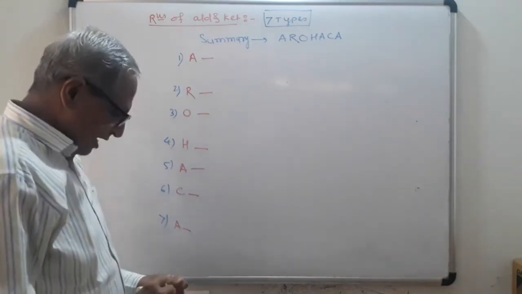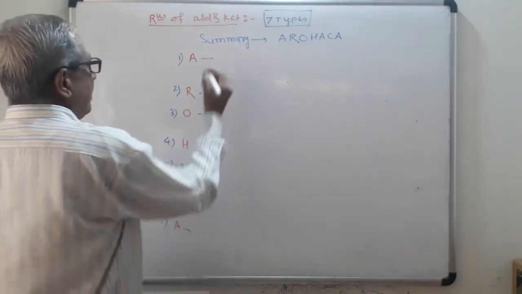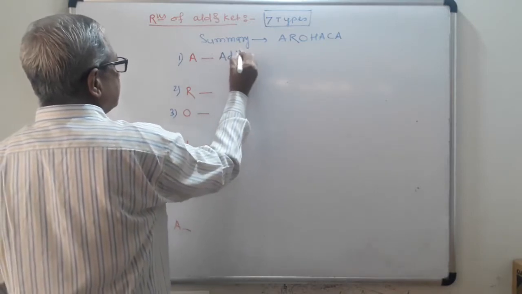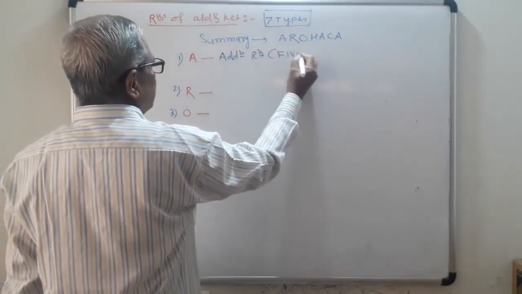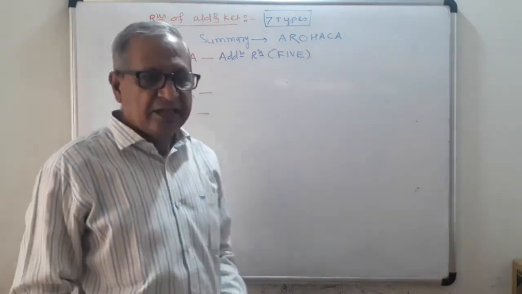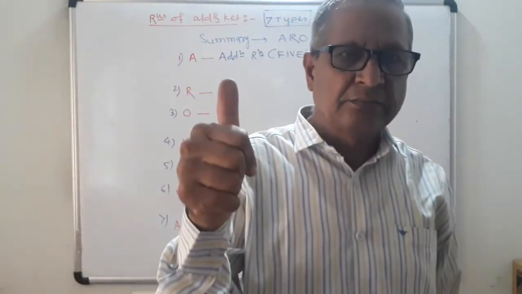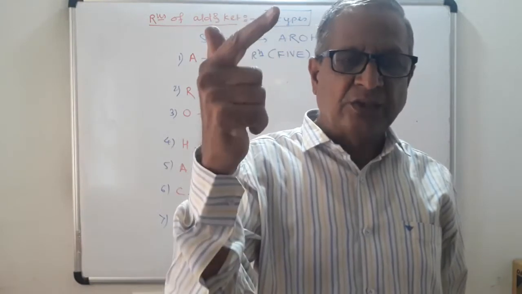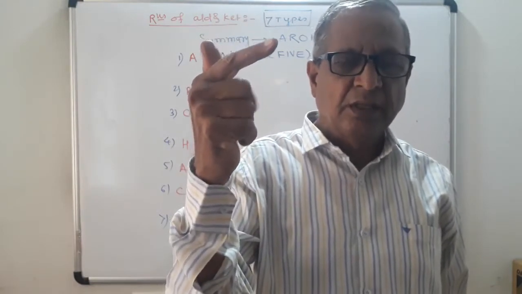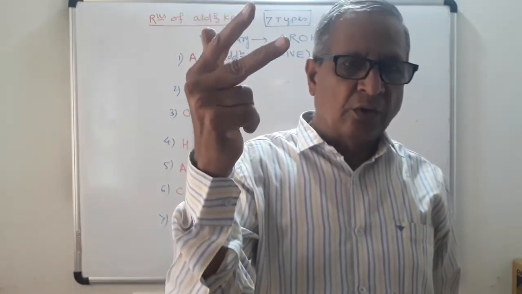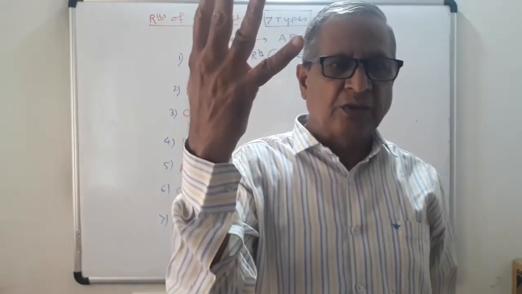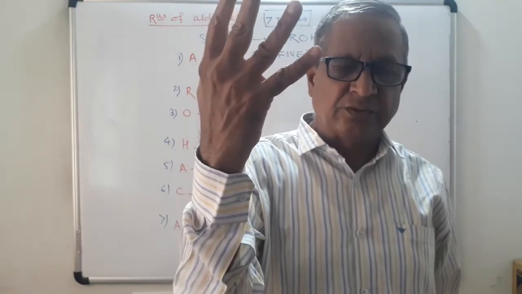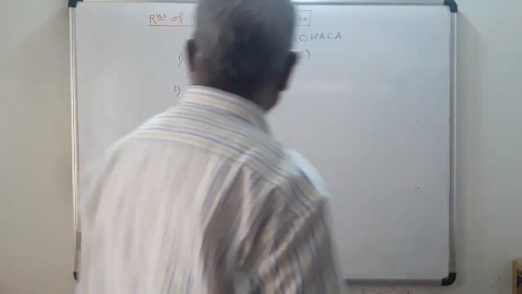This A stands for addition reactions. We have to learn here totally 5 addition reactions: addition of sodium bisulfite, addition of HCN, addition of alcohol, addition of Grignard's reagent, addition of ammonia and its derivatives. So 5 reactions we have to learn here.